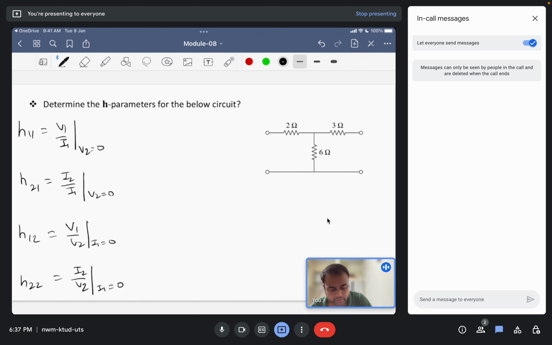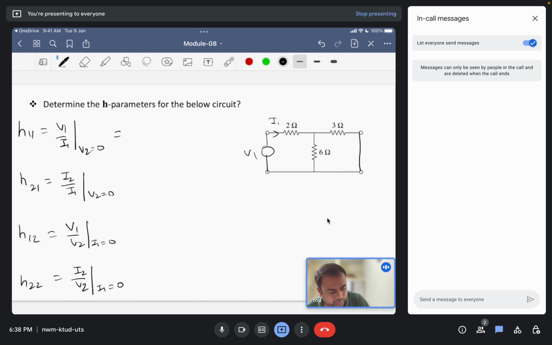So V1 by I1 given V2 equal to 0. Let us start with this V1 by I1. We have already solved this kind of problem for V1 and I1. This is similar to the Z parameters. In this case the 6 ohm and 3 ohm resistors are in parallel and then in series with the 2 ohm resistor.